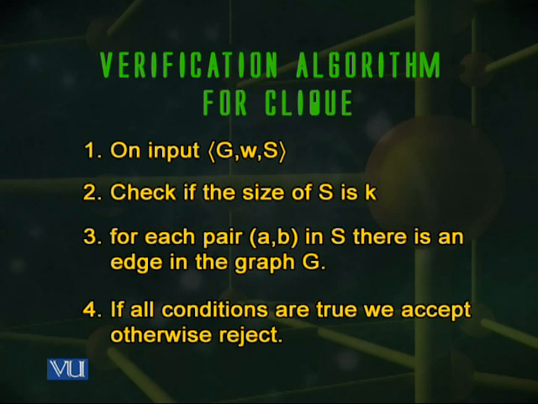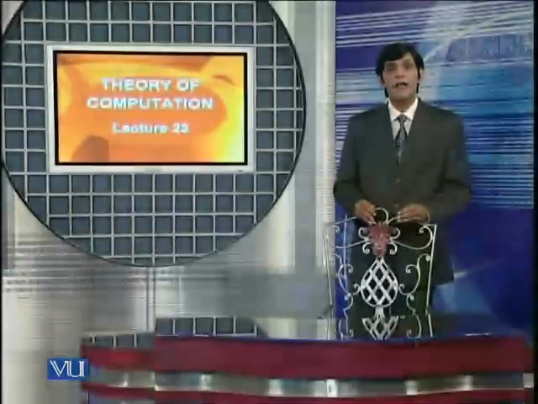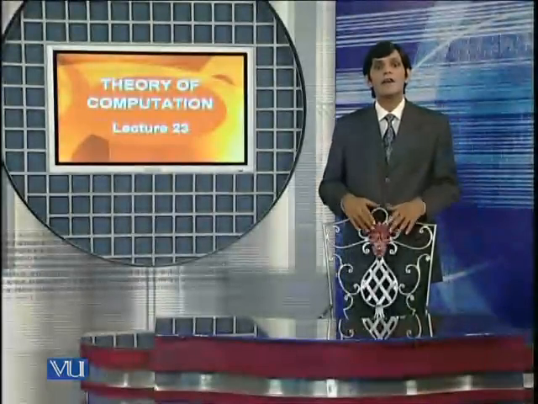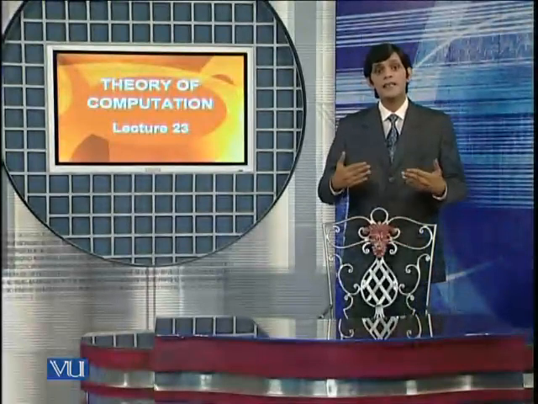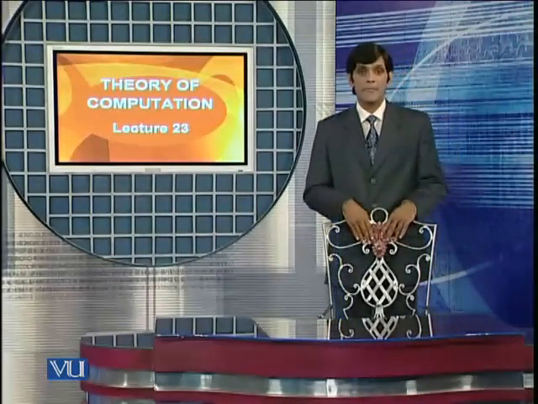All we have to do is first check if the size of S is K, and then check if for every pair of vertices A, B in the set S, A and B is indeed an edge in the graph. This is a simple verification algorithm. And this algorithm verifies whether a graph has a clique of size K or not in it. Thus, the clique problem is in NP.